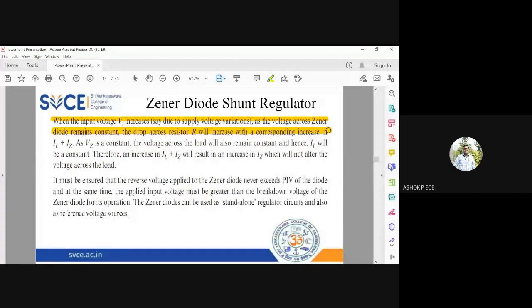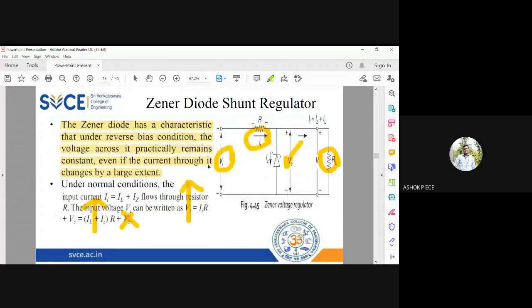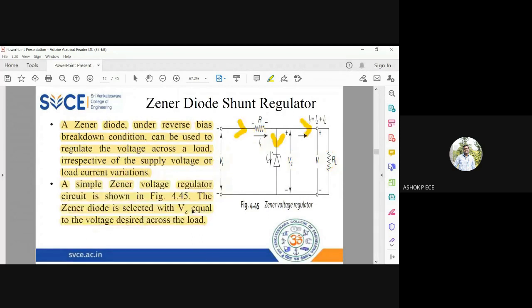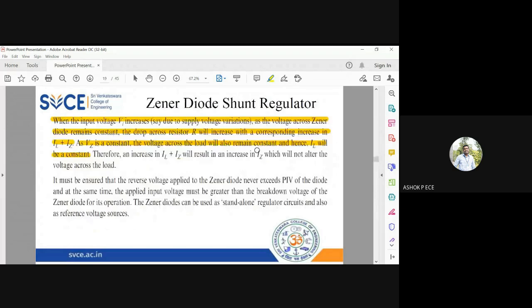As VZ is constant, the voltage across the load will also remain constant, and hence IL will also be constant. You know that in reverse bias condition, VZ is constant, and this voltage is applied across RL. So the voltage across RL is constant, so IL is also constant. So the only thing that can change is IZ.